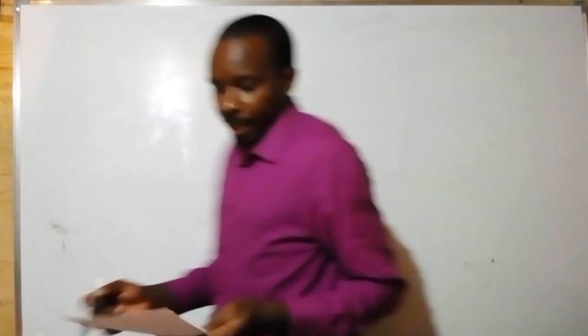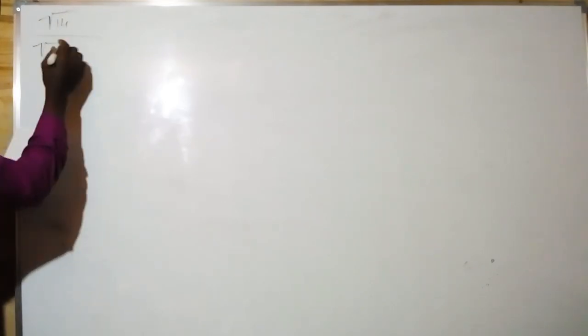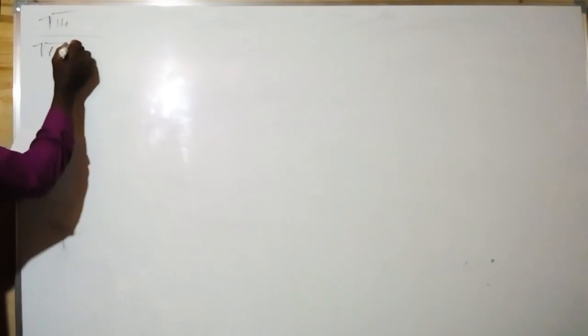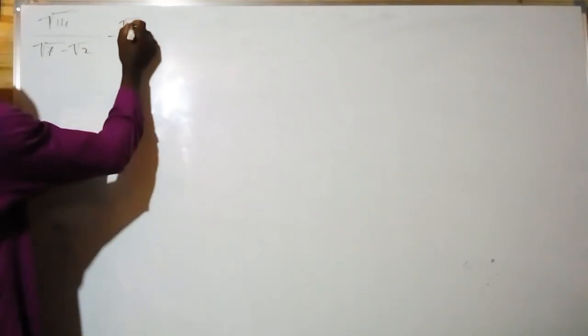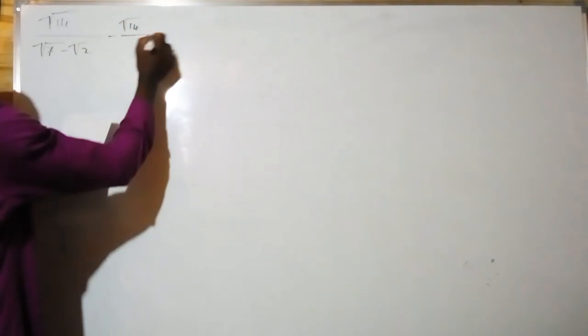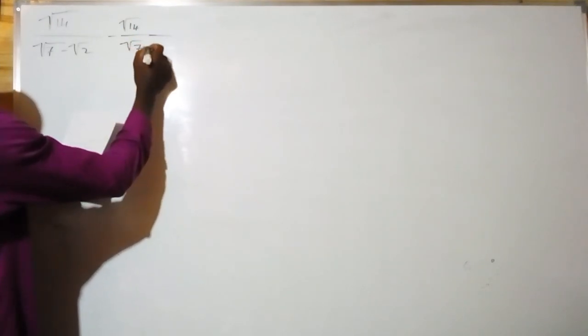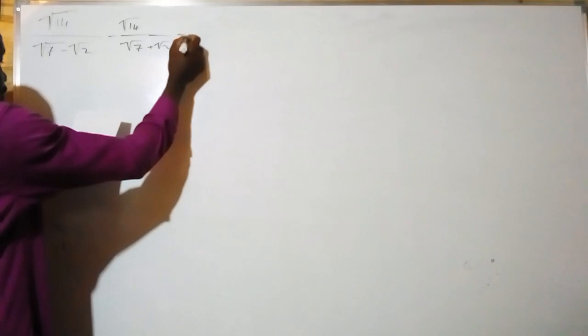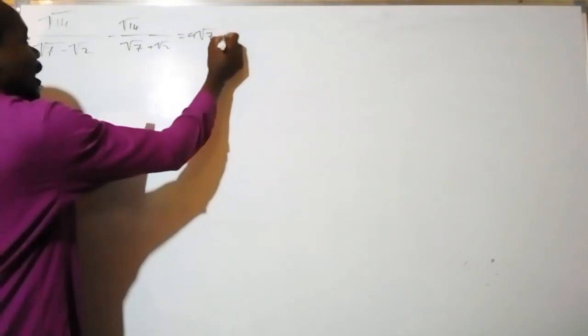You've been told that root 14 all over root 7 minus root 2, minus root 14 over root 7 plus root 2, is equal to A root 7 plus B root 2.